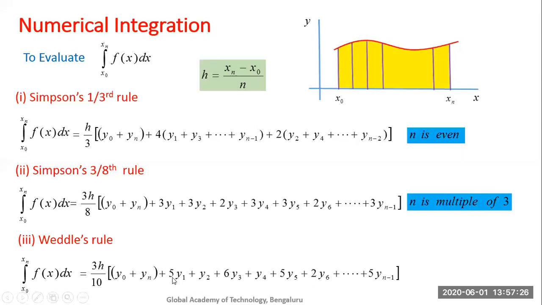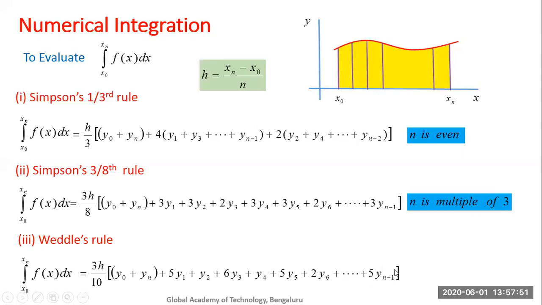So if you observe the coefficients here, they are 5, 1, 6, 1, 5. Then you get 2. If you want to write one more set, you should take the same sequence: 5y7, y8, 6y9, y10, 5y11, 2y12 and so on.